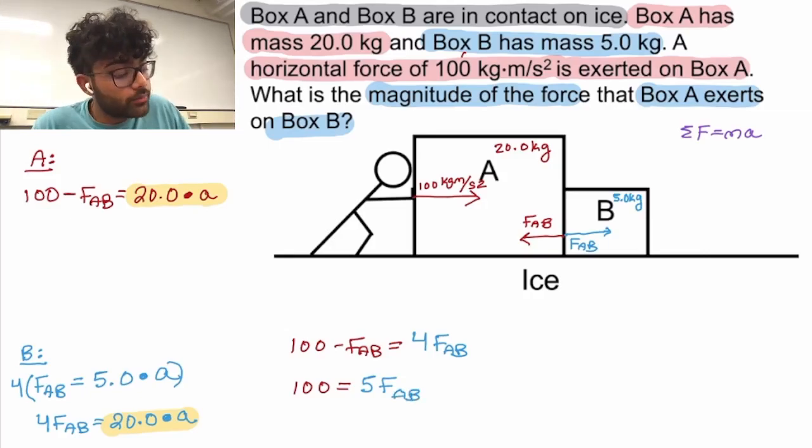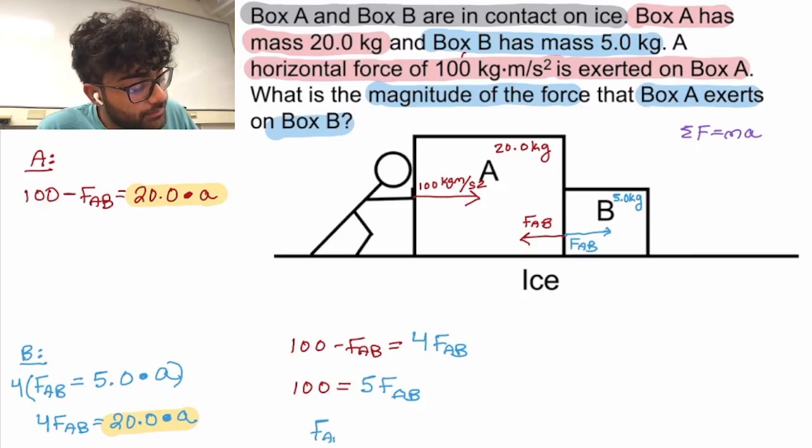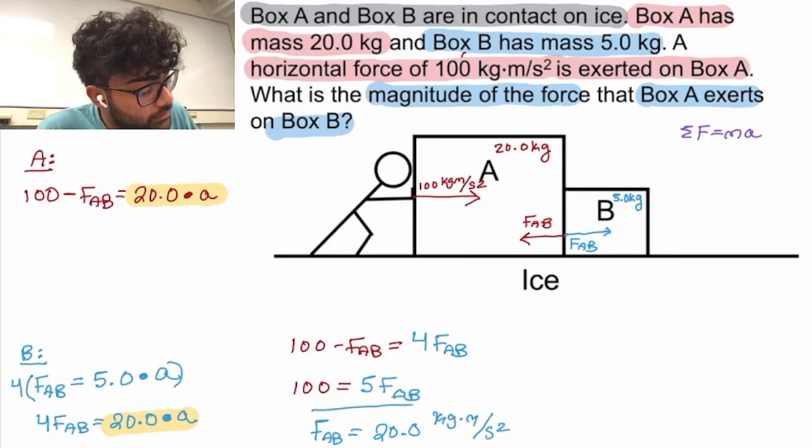And from that, we know that force AB is equal to 20.0 kilograms times meters per second squared.